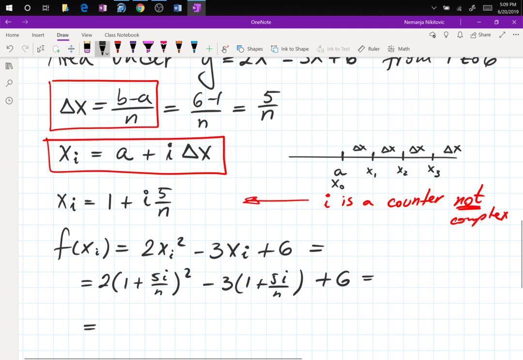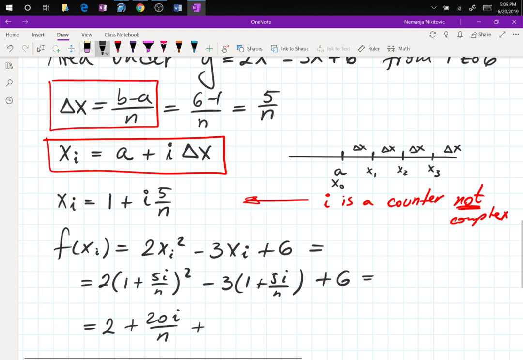Now we use a ton of algebra to clean this up as much as possible. You will apply the square, and then you will multiply by 2. 1 squared is 1, times 2 is 2. And then first times the second doubled would be 10i times 2 is 20i over n.